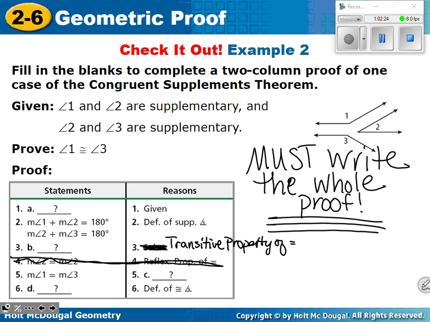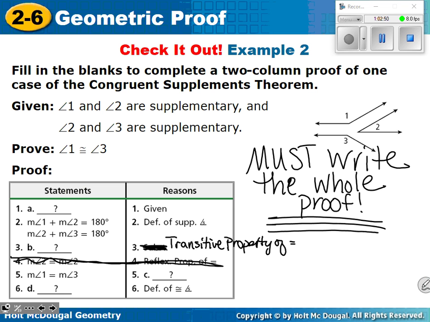There is not a definition of equality. Definition of congruence says what? What's it mean to be congruent? To be equal. So if they tell you they're congruent, you can say they are now equal. And if they tell you they're equal, you can say they are now congruent. It goes both directions. It's biconditional.